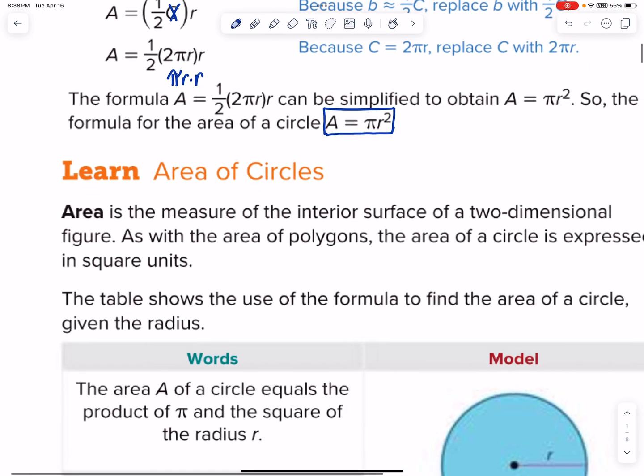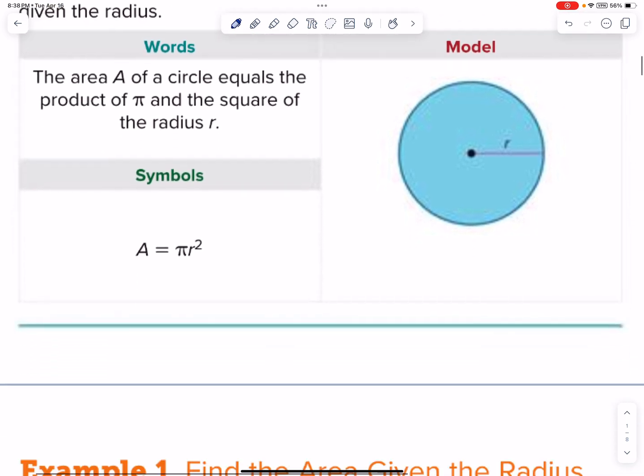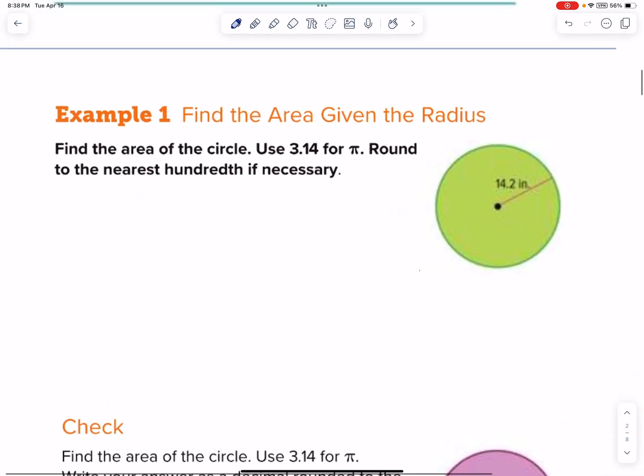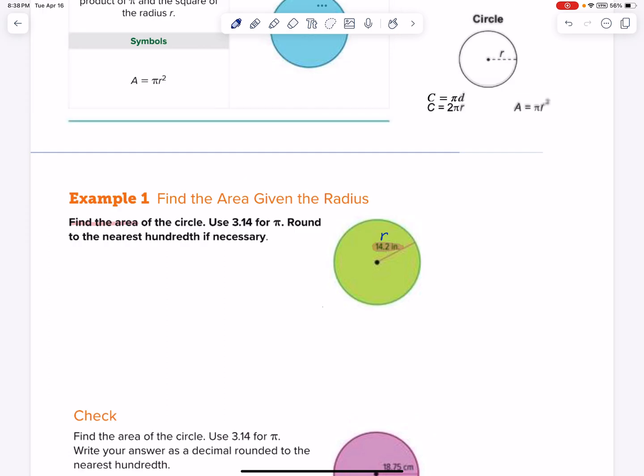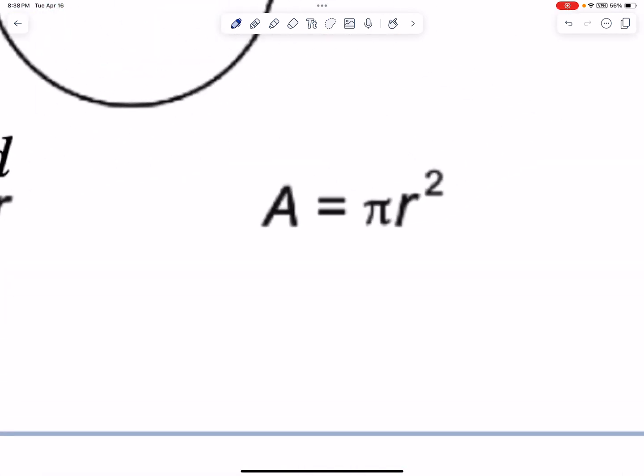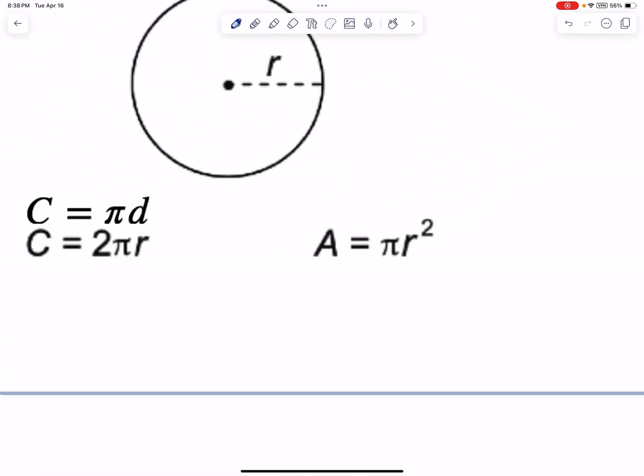So let's go ahead and we'll use that formula to solve some problems. So let's jump right to here, okay? Remember, I told you before, your focus is identify what you know and what you're trying to find. So find the area. We're going to use 3.14, round to the nearest hundredth, and we have the diameter, the radius over here, okay? So we know that our formula is area equals pi r squared.